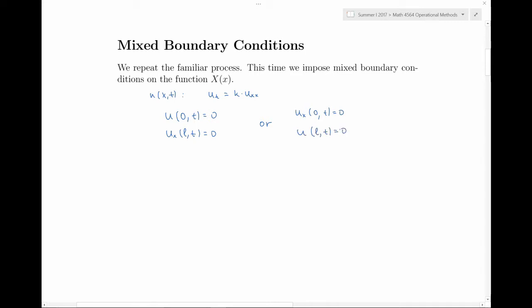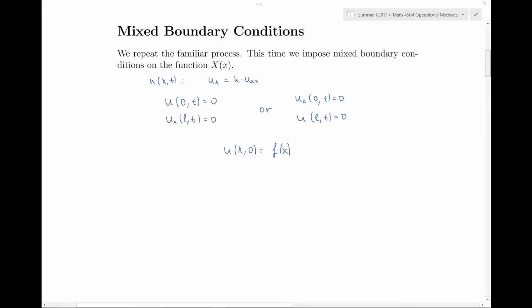So we have the case when one of the ends is insulated and the other end is kept at temperature 0. And the initial condition is the same for both cases.